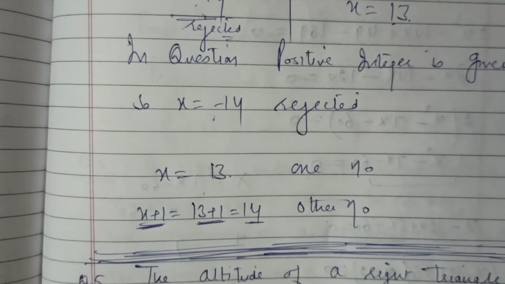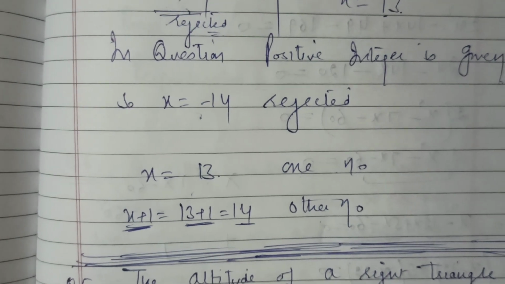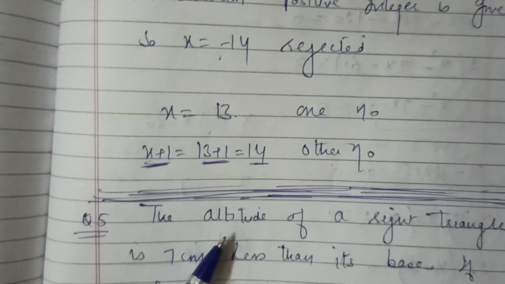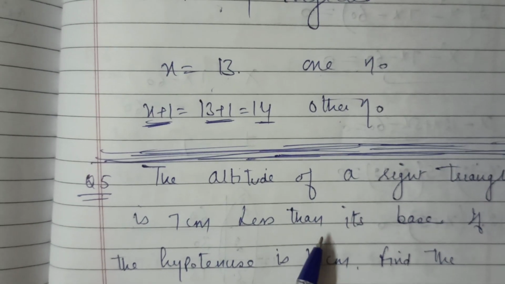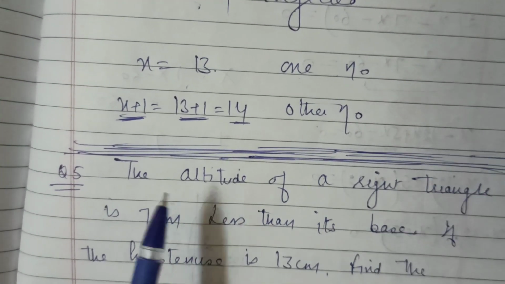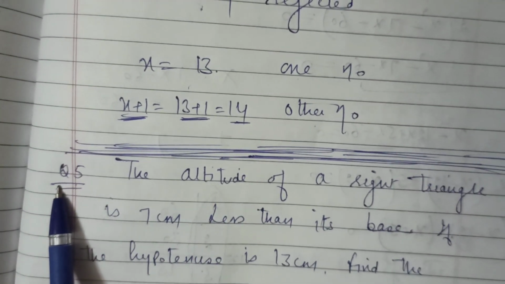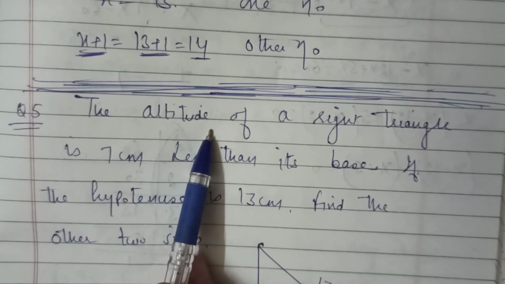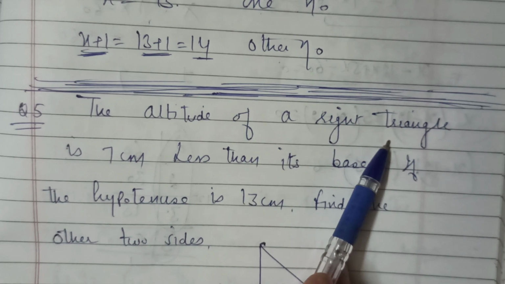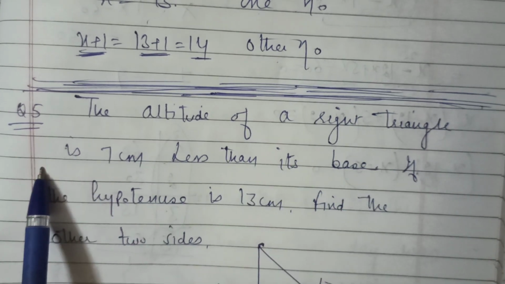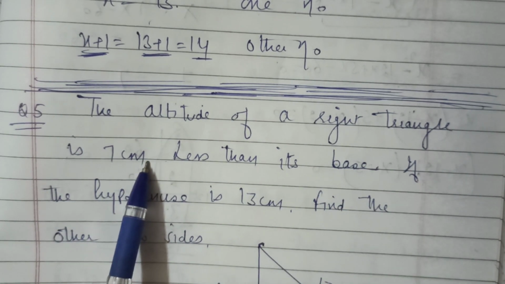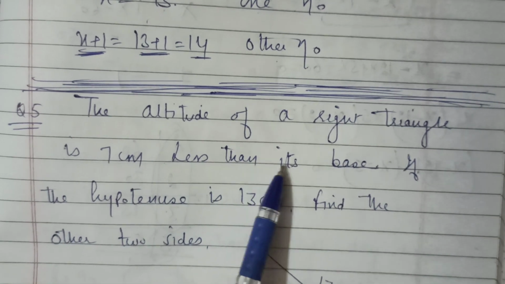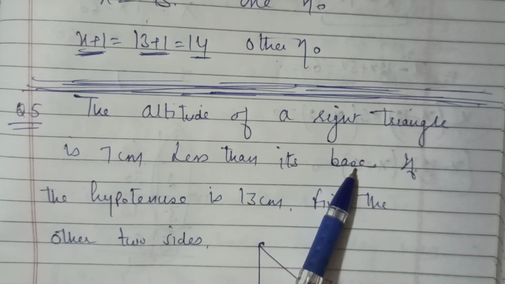Clear, children? If you have any doubt, you can clear your doubt through WhatsApp also. Now come to question number 5. The altitude of a right triangle is 7 centimeter less than its base.